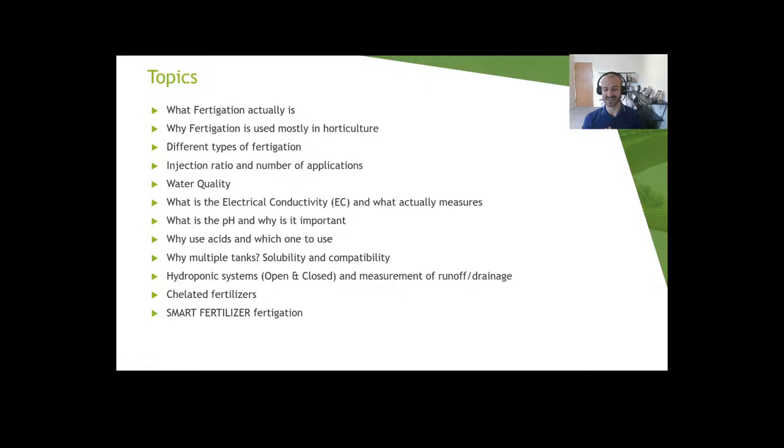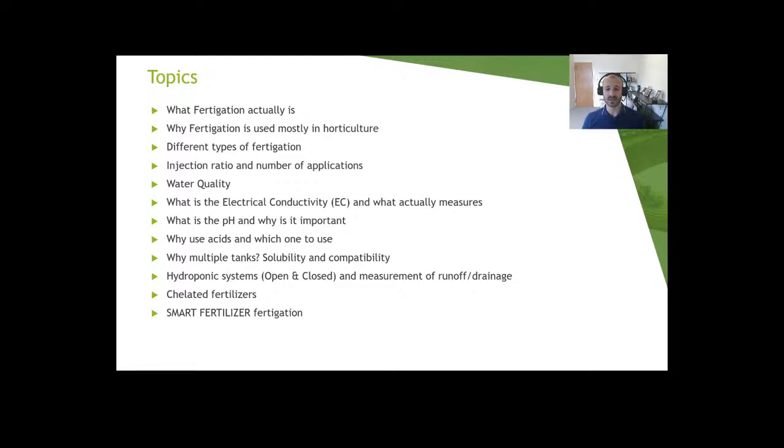So we'll talk about water quality, and what are the parameters that make a good water or a bad water. We'll also talk about electrical conductivity, what it is, pH, what it is and why it is important.